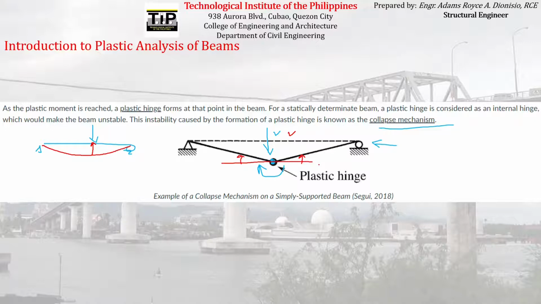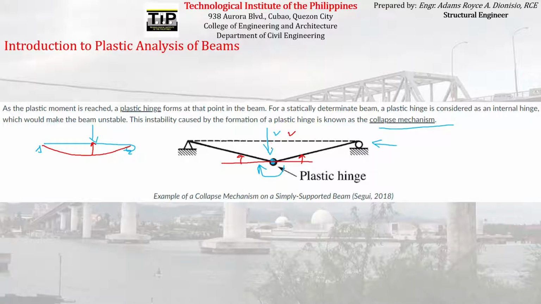Okay? So yan yung iniiwasan natin guys whenever we design beams. Yung dumating siya diyan sa point na mag-produce siya ng tinatawag natin na plastic hinge. Kasi yung formation niya ng plastic hinge na yan, that will be what we call the collapse mechanism wherein the beam will already collapse. If you can imagine ano mangyayari sa beam natin na 'to, magko-collapse yan of course, 'di ba?